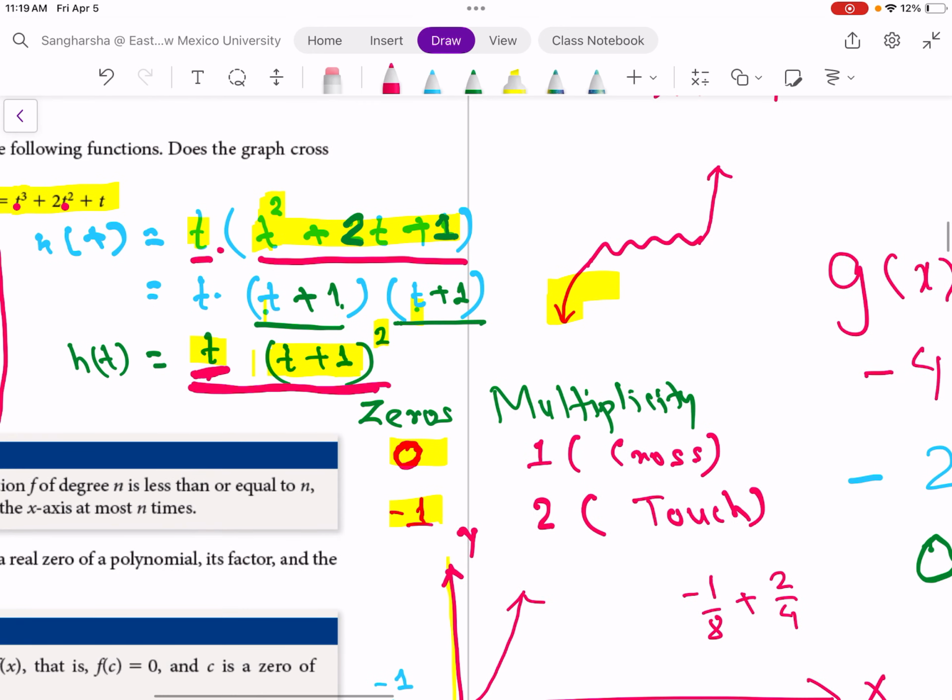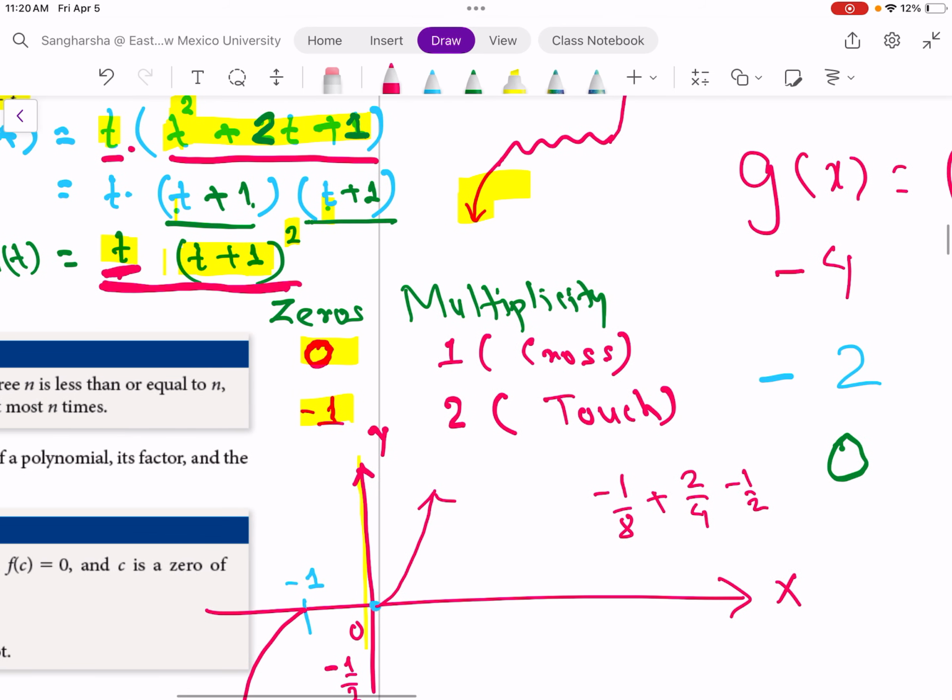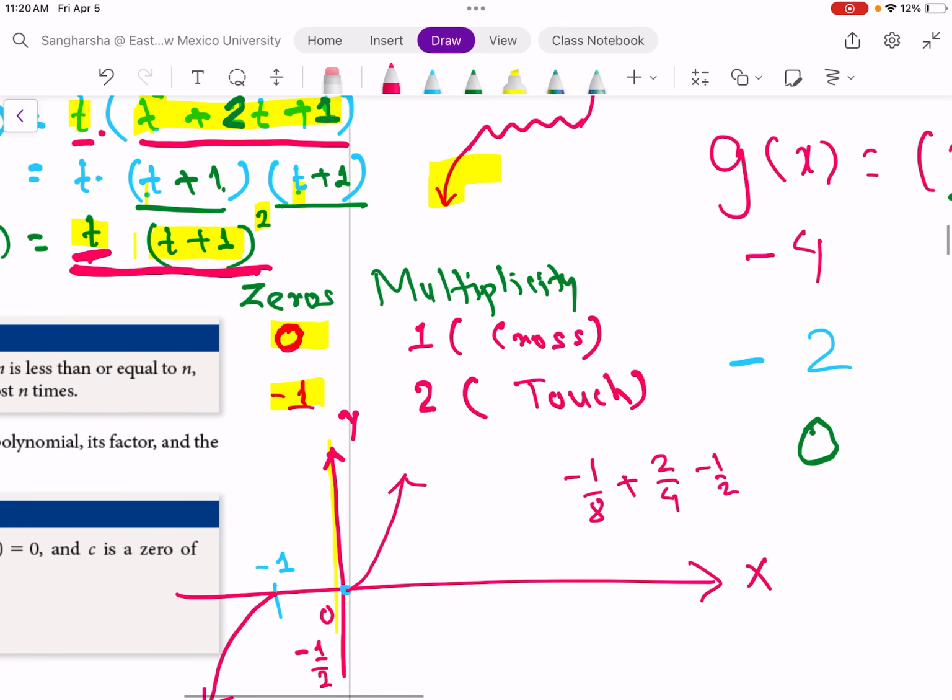Now let's see, do we get positive or negative here? So these two are the same, right? Can we cancel 2/4 and negative 1/2? This is 0.5 and this is also 0.5. So we have positive 0.5, negative 0.5, that's 0, and we have negative 1/8. It means we get a negative.